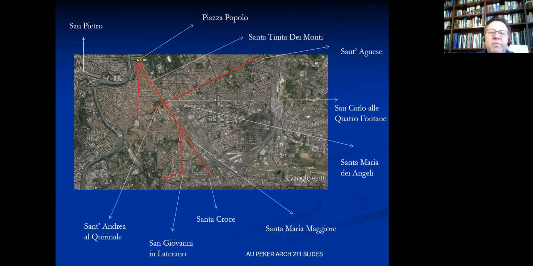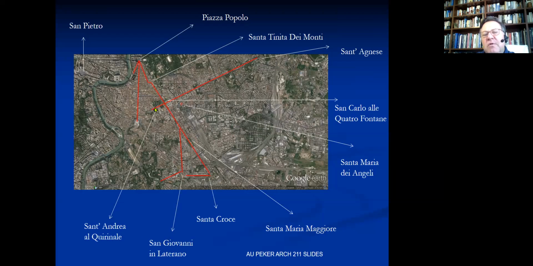From Piazza Popolo, a street leads you to Santa Maria Maggiore at the middle, Santa Croce at the end. If you turn right at this point, you reach San Giovanni in Laterano. If you turn right at this stage, you reach Santa Agnese.